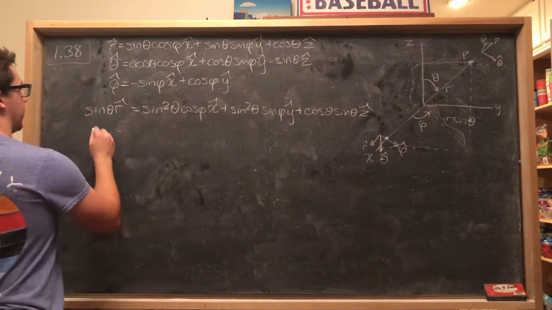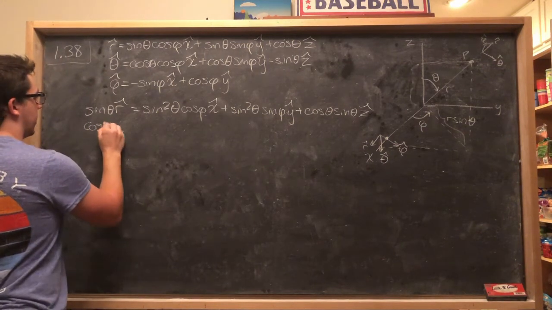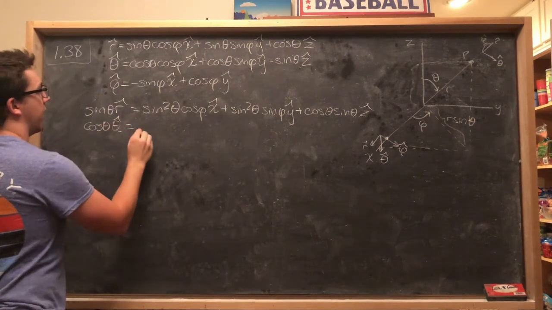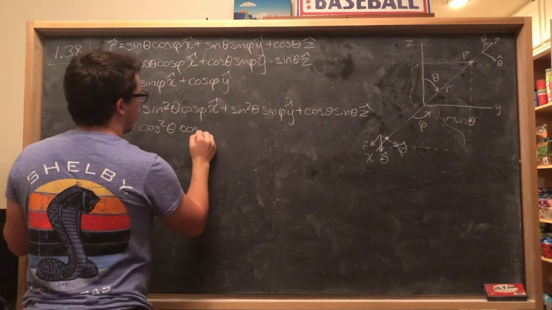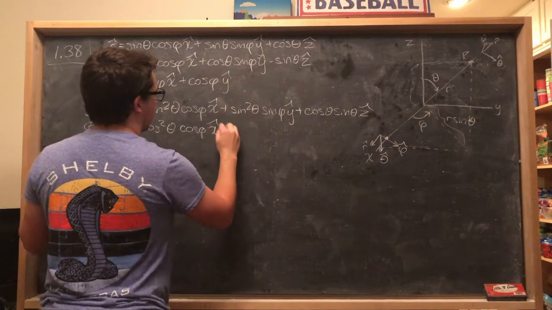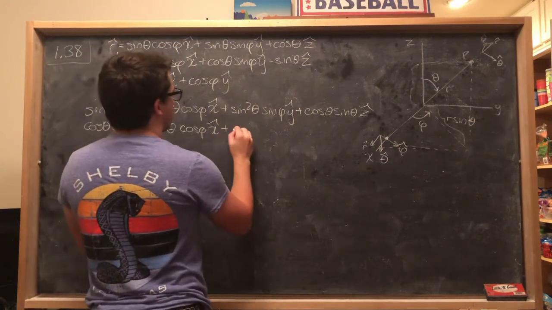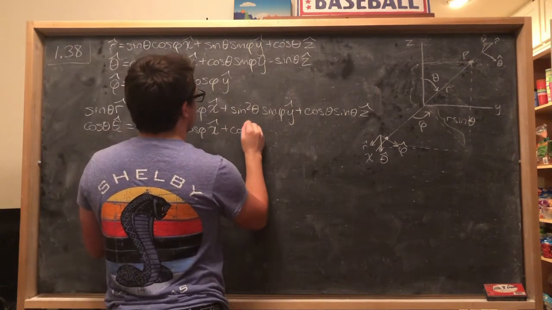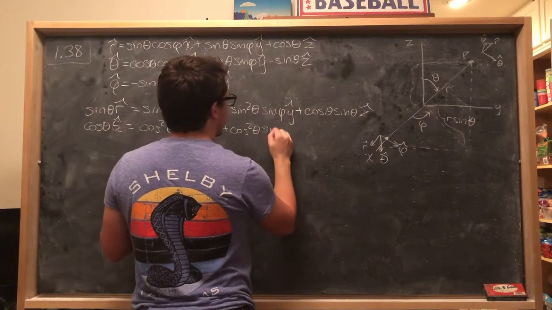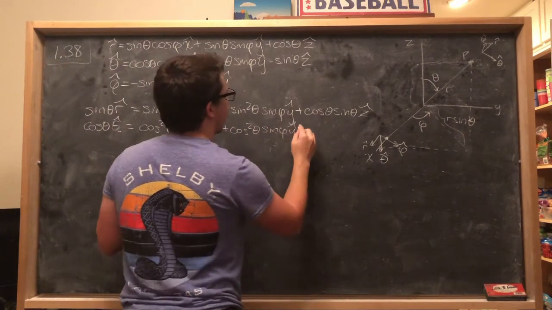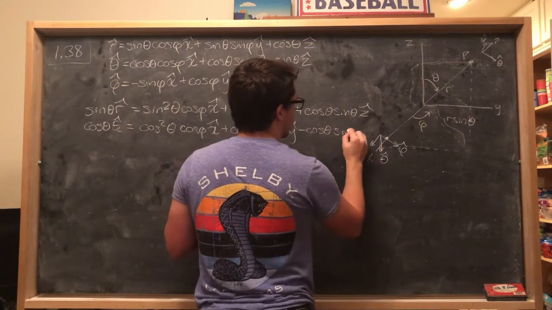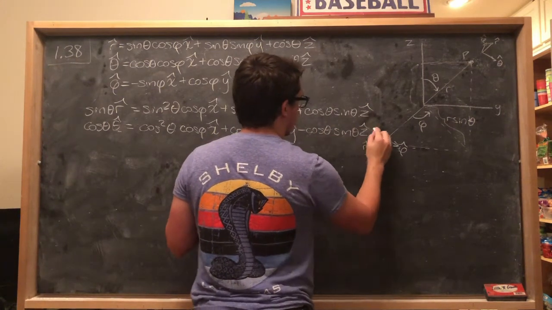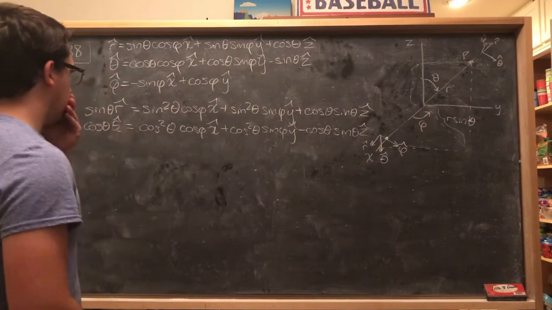And then we could also multiply this one by cosine theta, so cosine theta theta hat equals cosine squared theta cosine phi x hat plus cosine squared theta sine phi y hat minus cosine theta sine theta z hat.